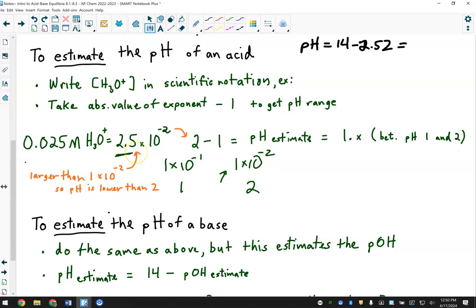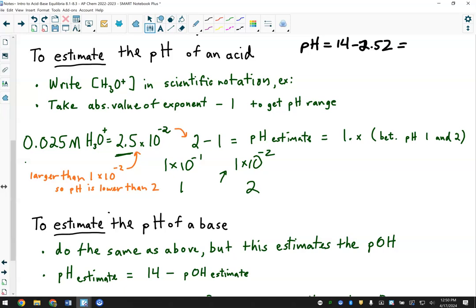So the way you estimate a pH is to write your concentration in scientific notation. You take the exponent number, like 2 in this case, the negative log, and you subtract 1 from it, and that's what goes before the decimal point.